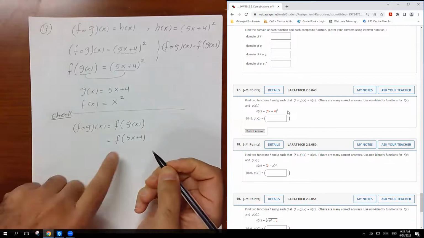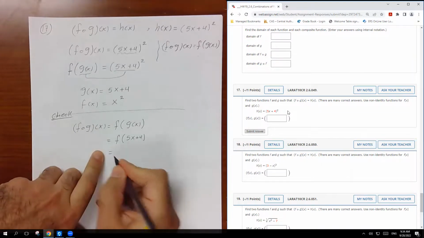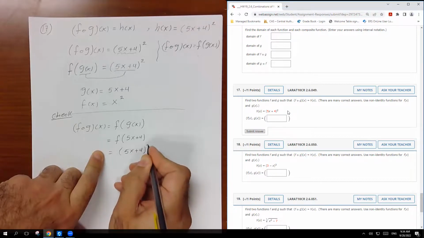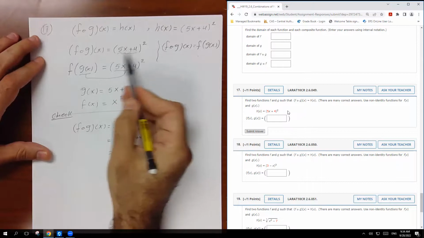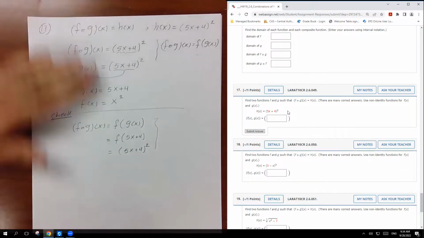Then I'm going to plug in, instead of each x in f, 5x plus 4. So it's going to be 5x plus 4 squared, which is exactly the same thing here. This is just to check, but the solution is going to be like this method.